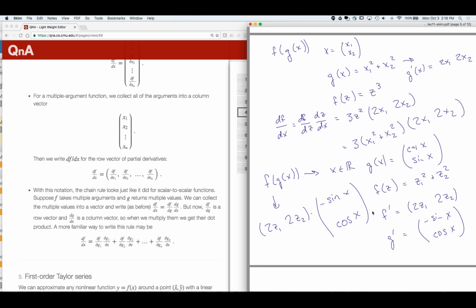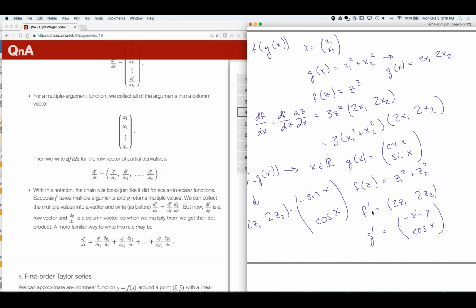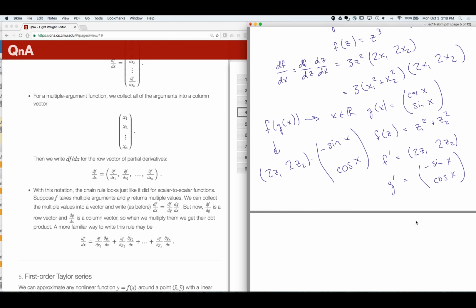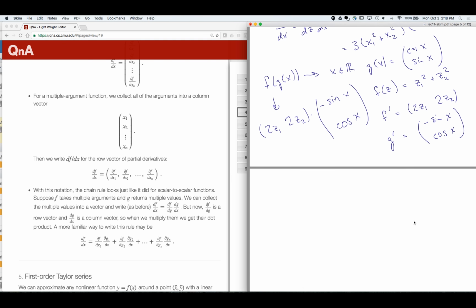And so if we combine that, z1 and z2 are cos of x and sine of x, so this is going to be 2 cos x, 2 sine x vector product with minus sine x, cos x.